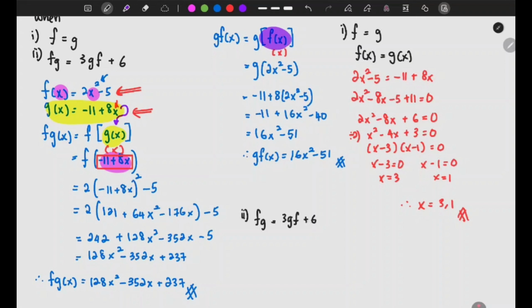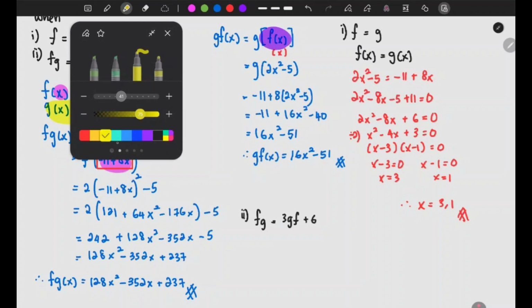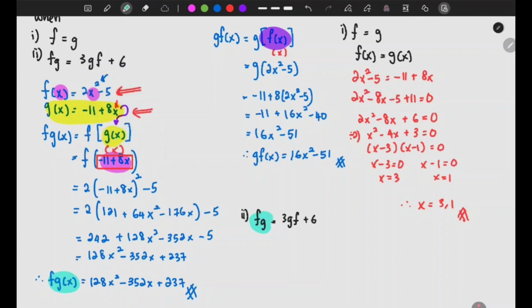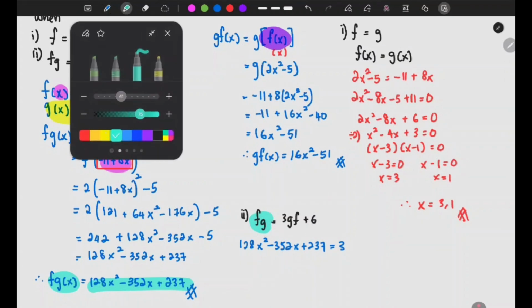So substitute, just key it in: 128x squared minus 352x plus 237 equals 3 gf. gf is this one, which we found, 16x squared minus 51, and plus 6. And then do your number mathematics. It's actually a quadratic also, same as just now.